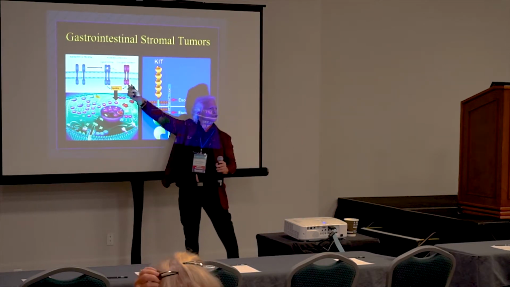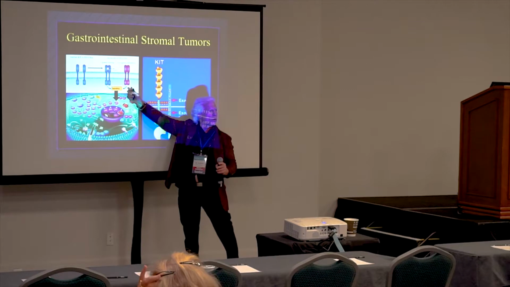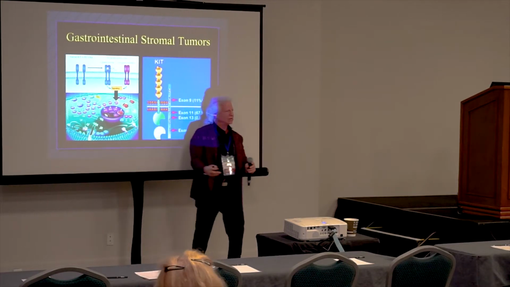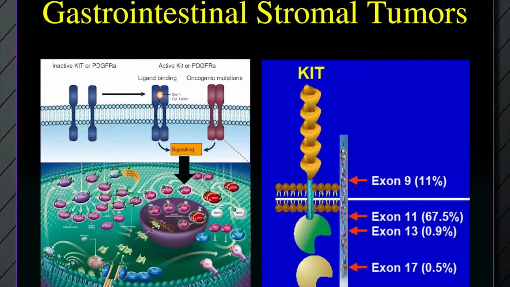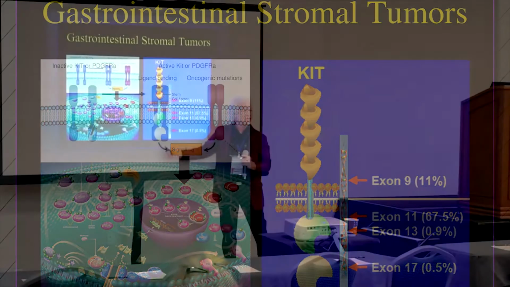Those molecules start acting on their own. They're activating the cell in an abnormal way, causing all of these pathways to be active when they shouldn't. And we can get mutations in different portions of the DNA that code for the molecule c-KIT.